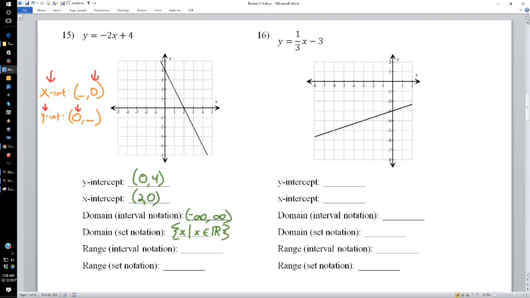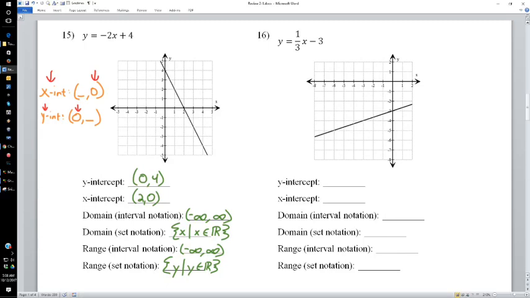Your range, also for linears, check your notes, I forget what page it's on, is also all real numbers. So again, negative infinity to positive infinity. That's how you state it as an interval. As set notation, introduce your variable, range is y. Y is a subset of all real numbers. That's going to be your domain and range for all linears.